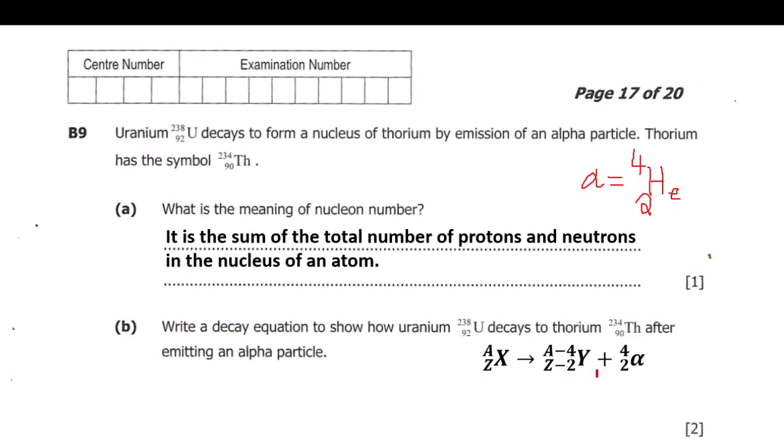So this is the general equation, plus now the alpha particle, which will have 4 and 2. In short, you subtract 4 from this and 2 from this, so for the new atom which will be formed, whatever you get after subtracting 4 will be the mass number here. Whatever you get after subtracting 2 will be the proton or atomic number.